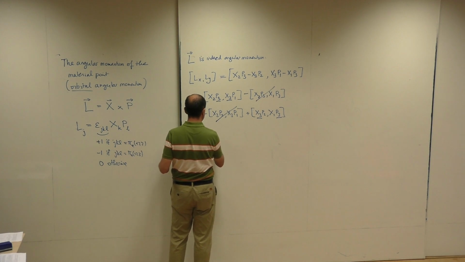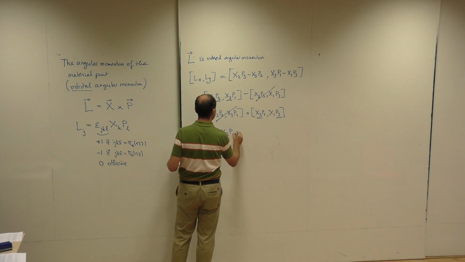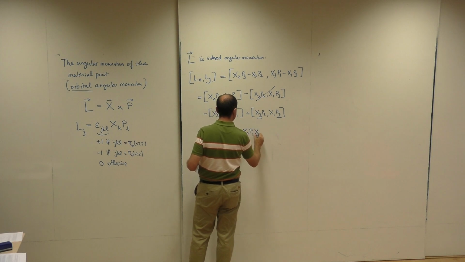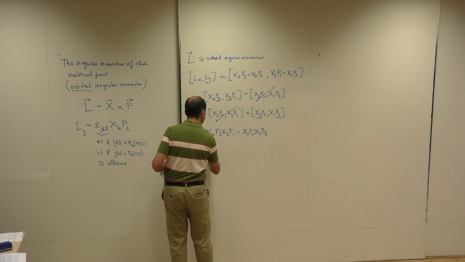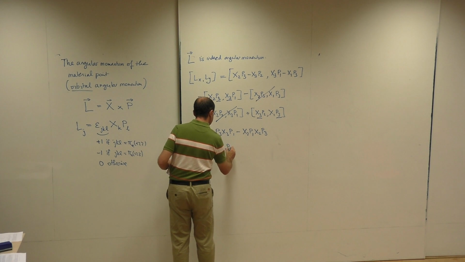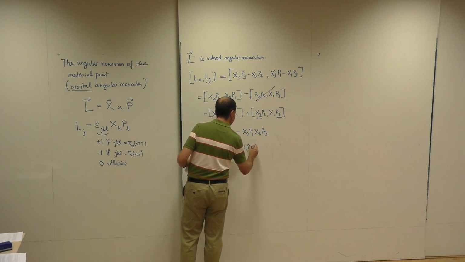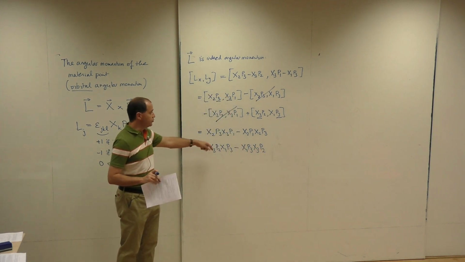This is x2 p3 x3 p1 minus x3 p1 x2 p3, and the second one is plus x3 p2 x1 p3 minus x1 p3 x3 p2.